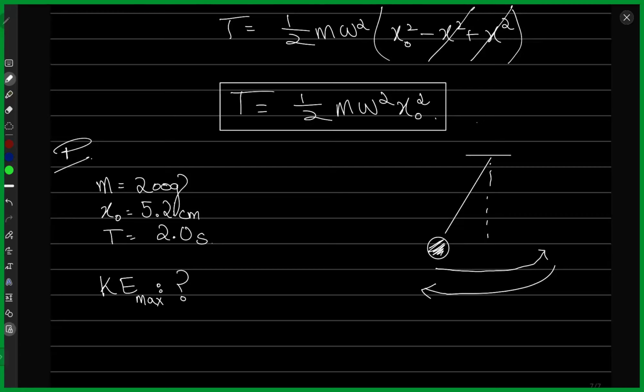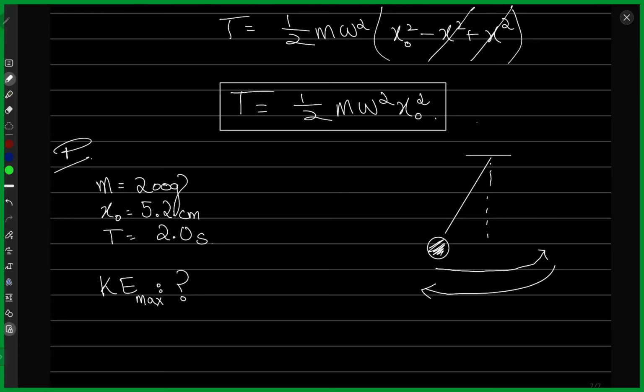So at what point in this swing, as it swings in these directions, will it have maximum velocity?